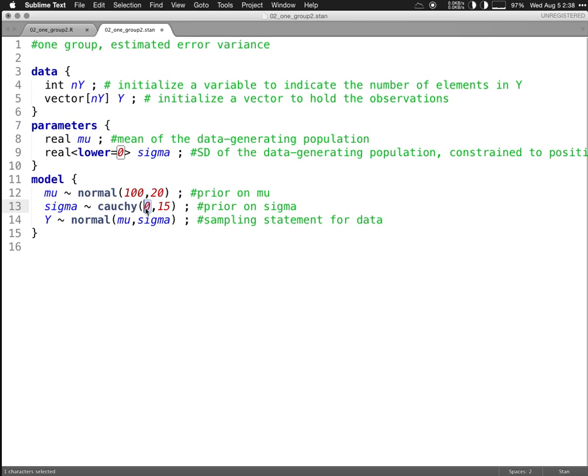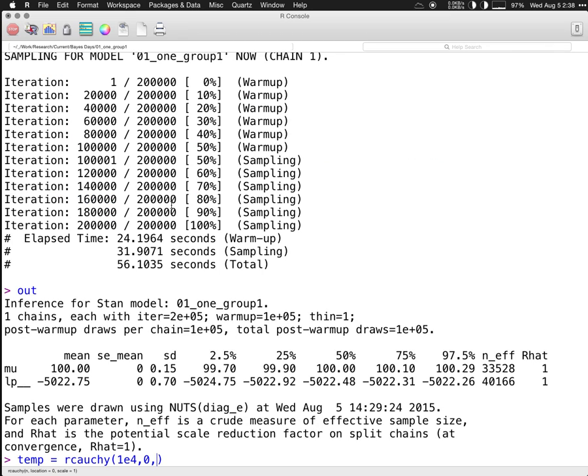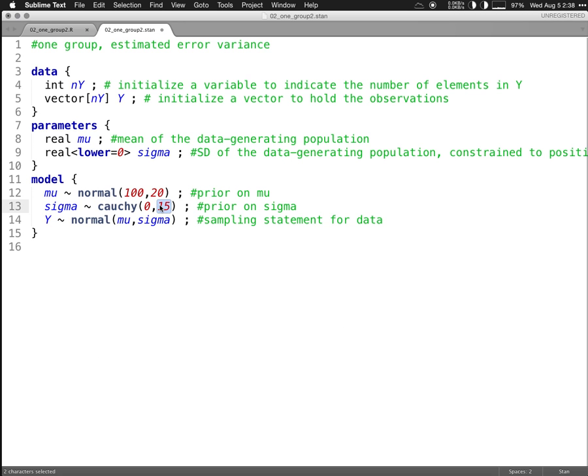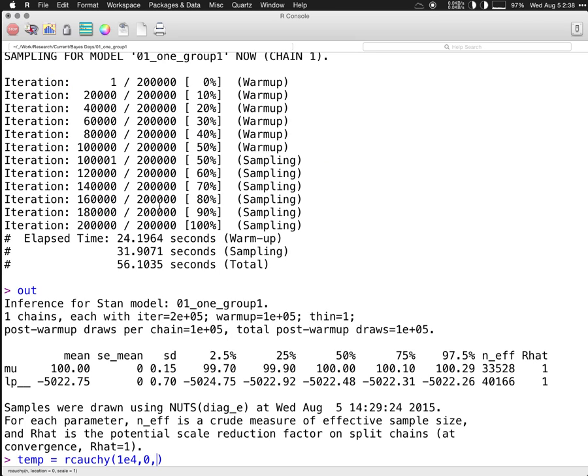It's very similar to a normal distribution. The first one is the location. It's a symmetric distribution, so it's got a location and then a variability, called a scale. Technically, I think it's a t distribution with degrees of freedom of 1, so it's a heavy-tailed distribution. I was describing it as normal.